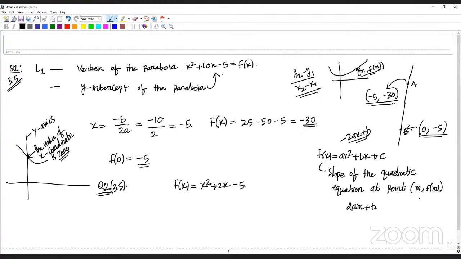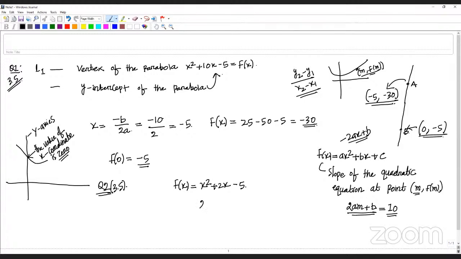So instead of x, I'm just putting m, because I'm calculating at this point m comma f of m. And I want this number to be 10, because it's asking at which point the slope of the equation is 10.